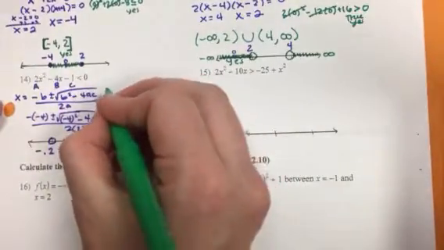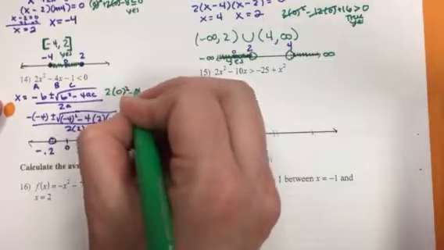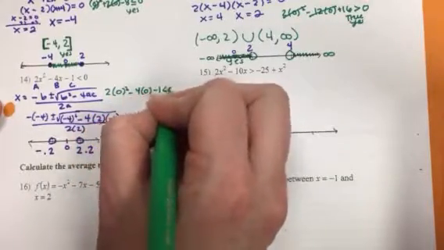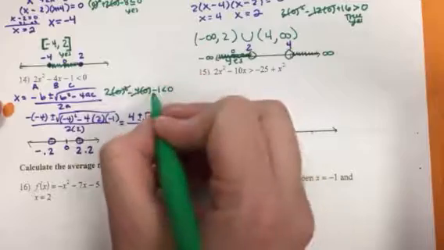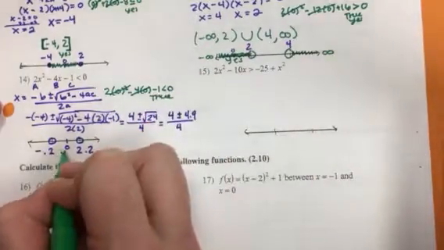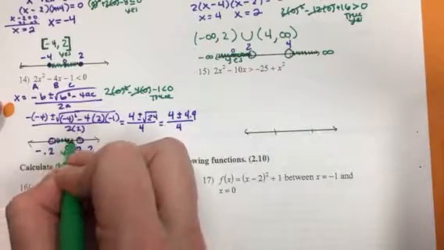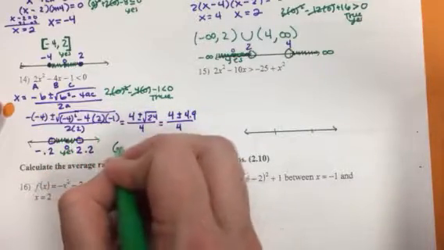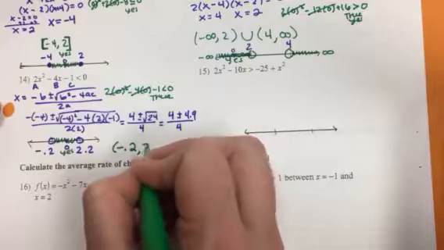If I plug in 0, gone, gone. Negative 1 is less than 0 is true. Yes, true, so I shade the center. Negative 0.2 all the way to 2.2.